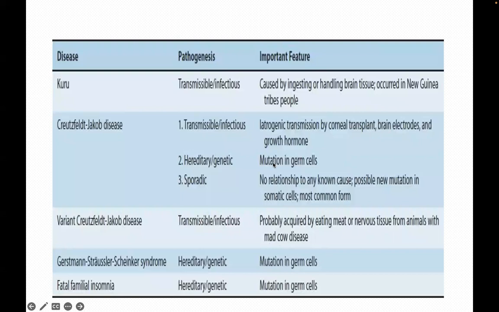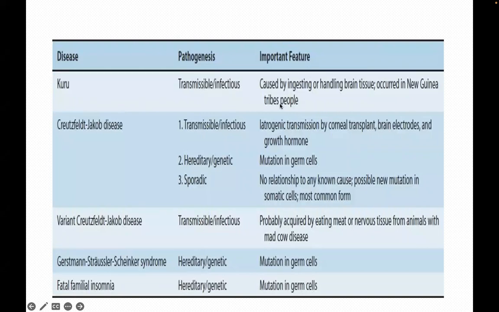So just to give more description of some of these TSEs, the transmissible spongiform encephalopathies that are in humans. This slide gives further description of the pathogenesis, and it has concentrated mostly on humans. So we'll start with Kuru, which is the disease. And this is an infectious form. It is transmissible.